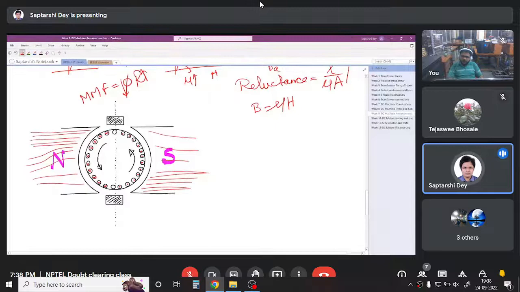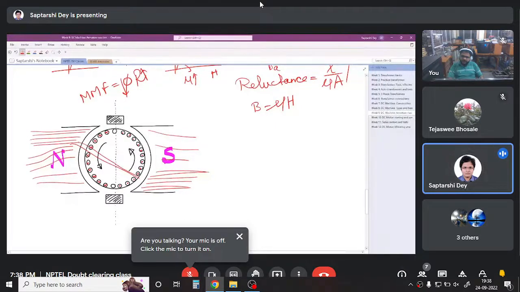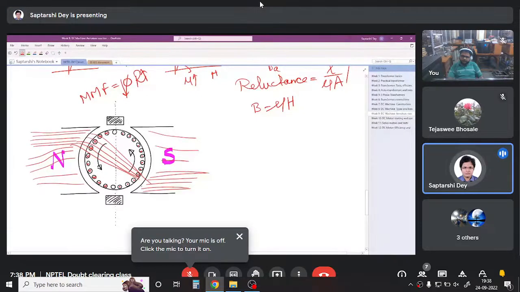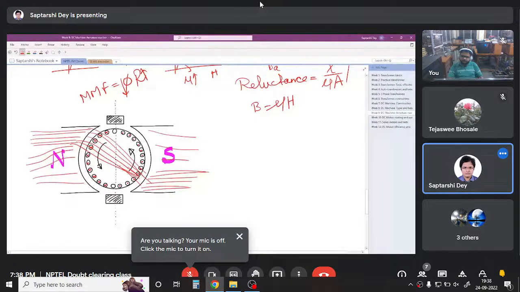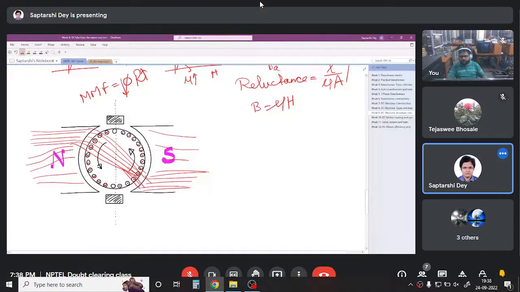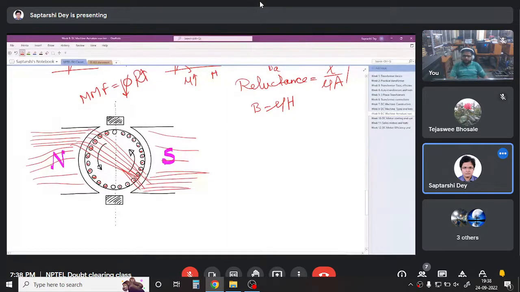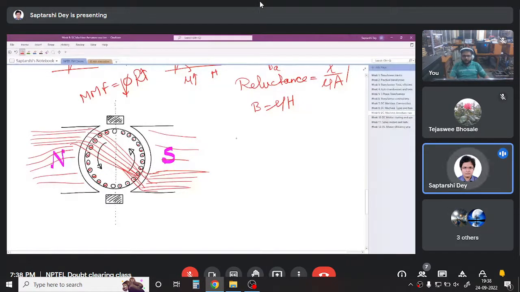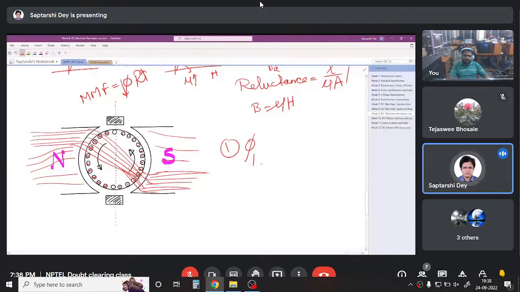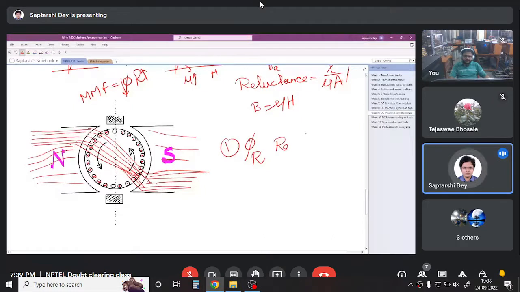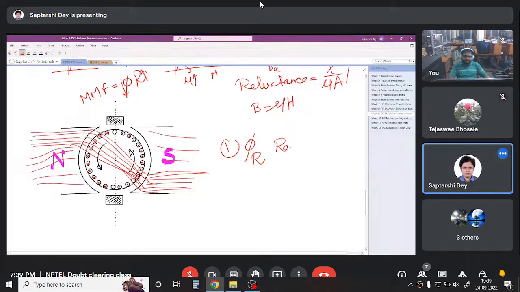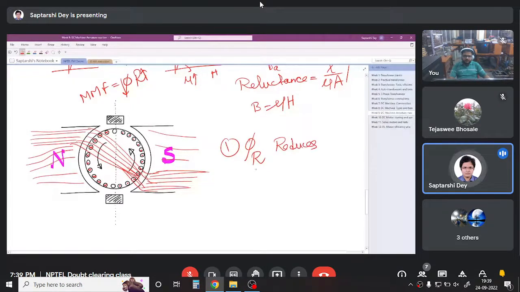So our main flux is now flowing like this, along the resultant that we showed there. So what we got first is that the net flux of the machine reduces.